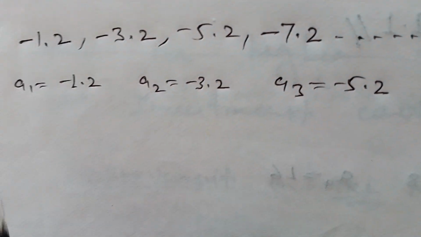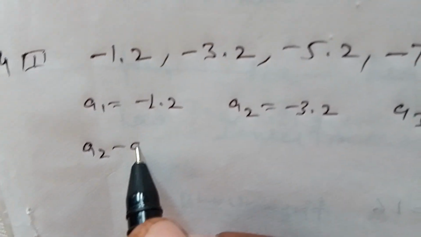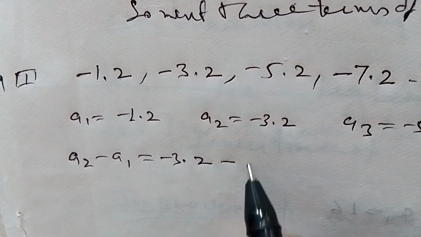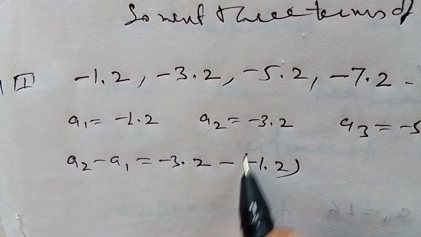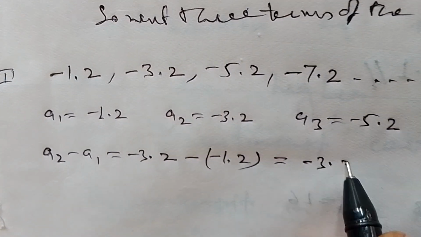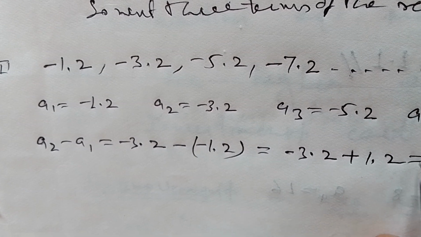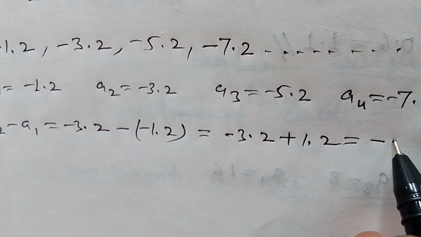So A2 minus A1, by inserting the values, minus 3.2 minus 1.2, minus becomes a plus 1.2, it comes out to be minus 2.